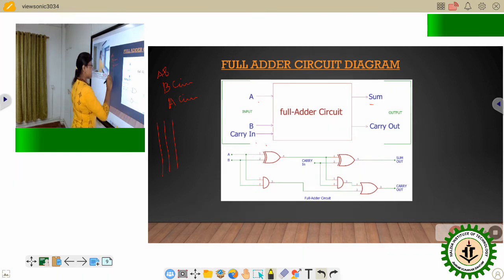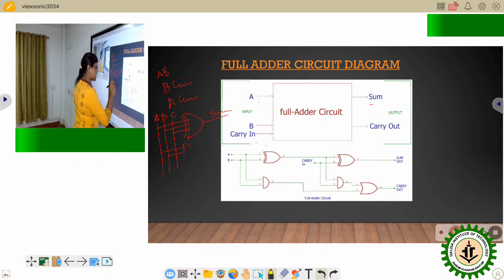This is for A XOR B. A, B and C in. This is A XOR B for the sum part. And for the carry part, AB means A, B, we are connecting this by means of an AND gate.